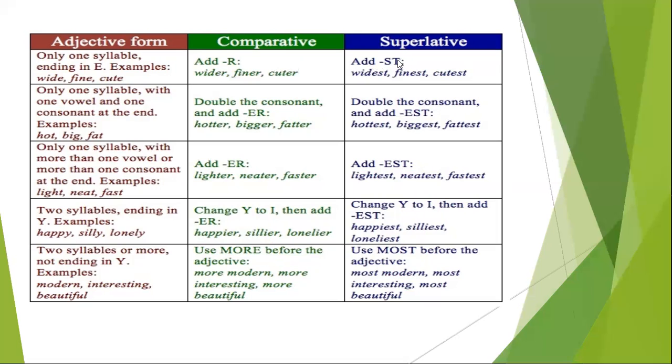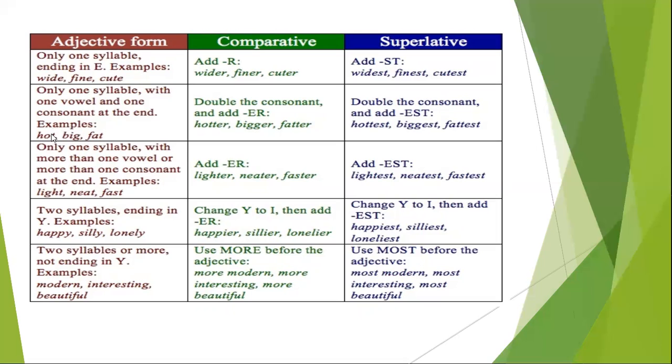Then in superlative, we should just add ST. Widest, finest, cutest. Listen carefully, students: only one syllable ending in E, you should add R in comparative and ST in superlative.